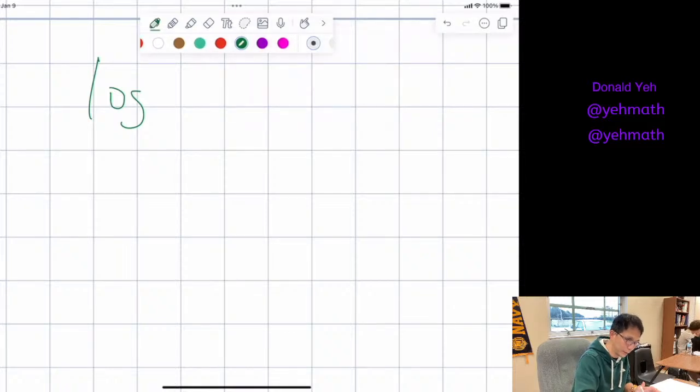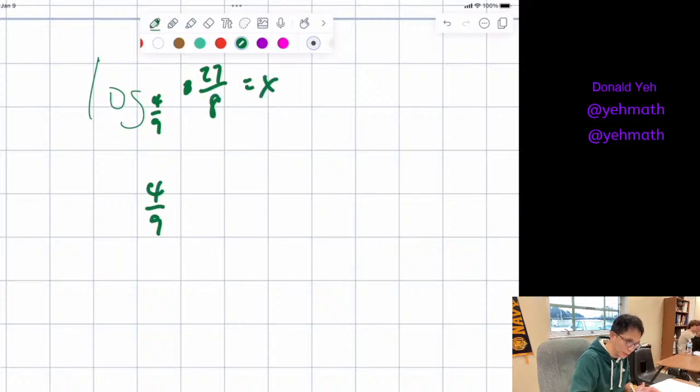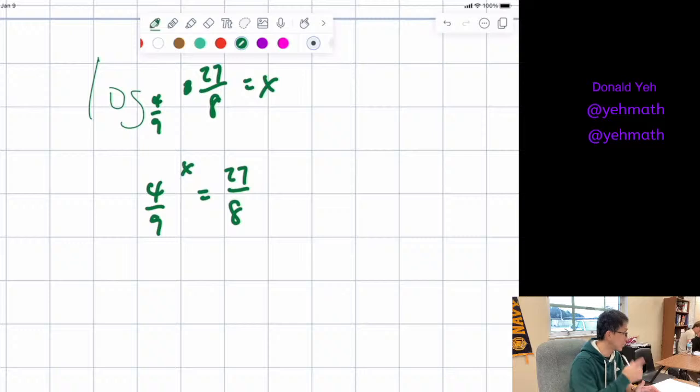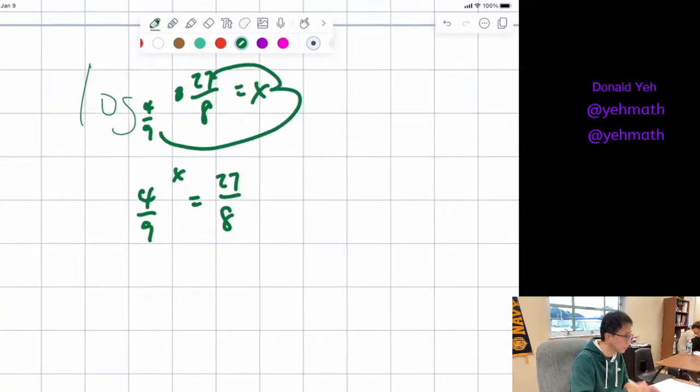Log base 4/9 of 27/8 means 4/9 to the x equals 27/8. Hopefully you write down this first step. That's very basic. That's just the heart, right?